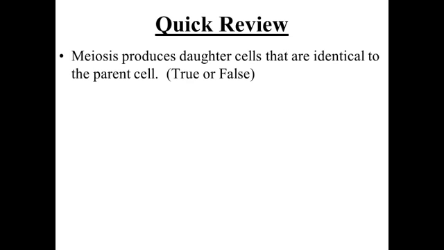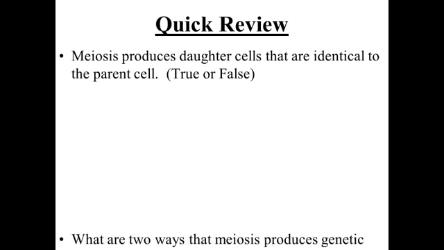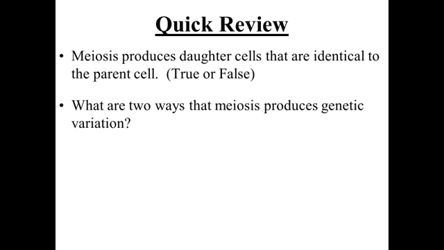Okay, here's a quick review. Meiosis produces daughter cells that are identical to the parent cell. Is that true or false? What are 2 ways that meiosis produces genetic variation? Remember, we said reproduction has 3 ways of producing genetic variation, but meiosis produces genetic variation 2 ways. What are they?